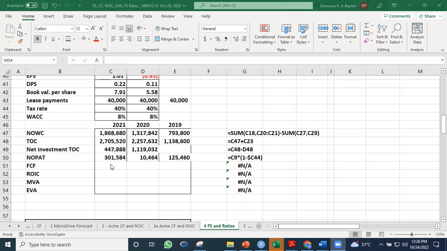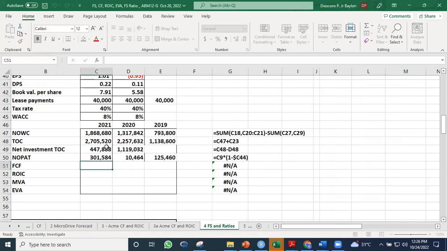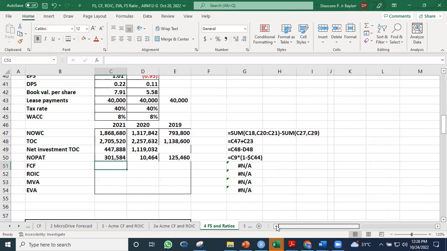Okay, then how do we compute for the free cash flow? Paano yung free cash flow, class? Thank you for your responses. Yung free cash flow, di ba? It's a cash flow available for distribution to investors after accounting for any investment in operating assets, di ba? So this is equal to your NOPAT less yung investment natin in TOC.